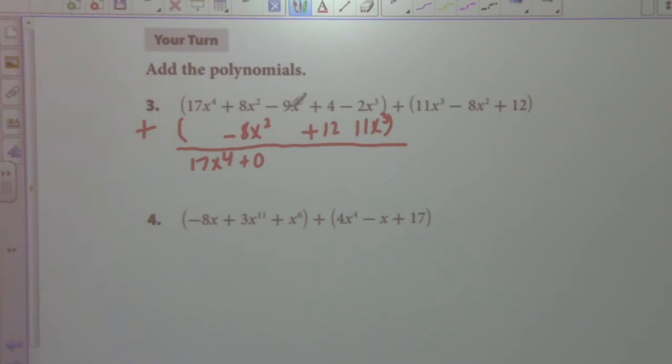And then we don't have anything below there, so we put minus 9x to the 7th power right underneath. And then 4 plus 12, 16. And then negative 2x cubed plus 11x cubed is 9x cubed.